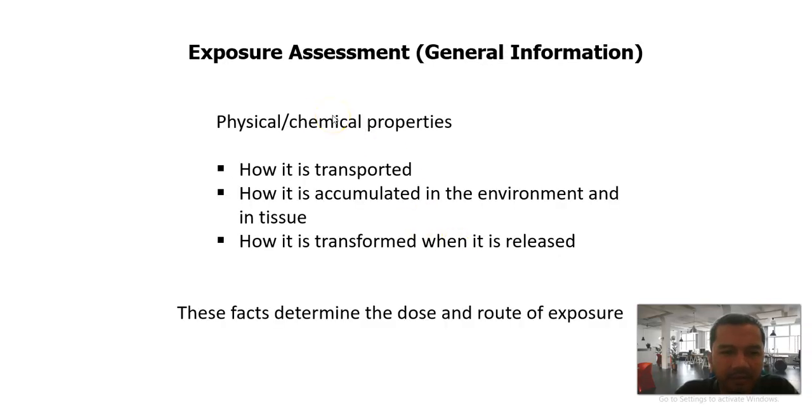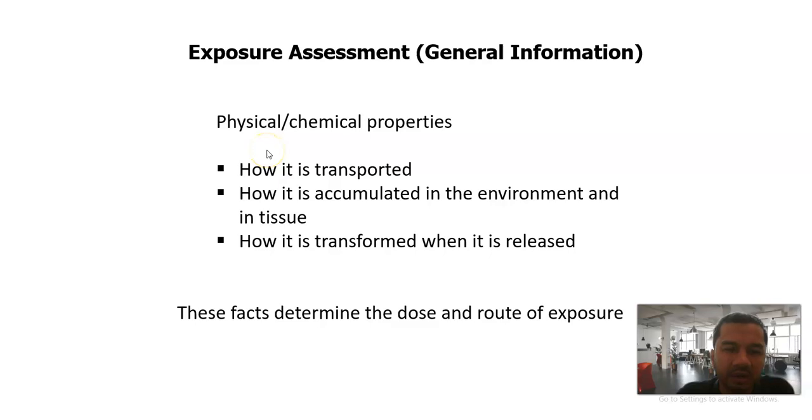So the physical chemical properties of chemicals, we have to know the basic information on the contaminants or chemicals that we are dealing with. Basically we want to know how it is transported from one media to another media, for example from the surface water into sediments, or surface water into the humans.